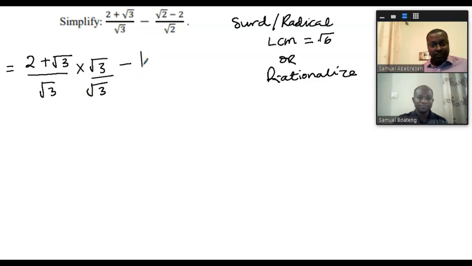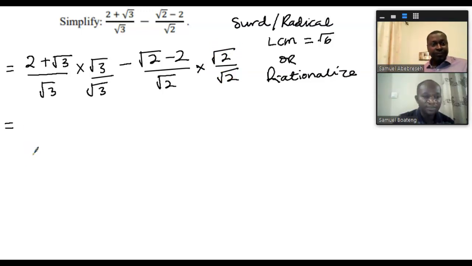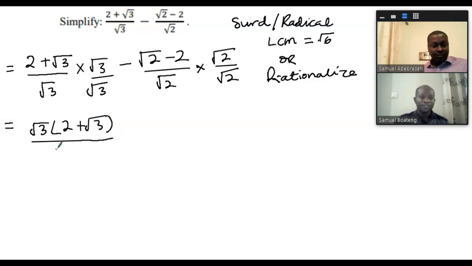Minus, you multiply both the numerator and the denominator by root 3, so root 3 times bracket open 2 plus root 3 over root 3 times root 3 will give you square root of 9, which is 3.